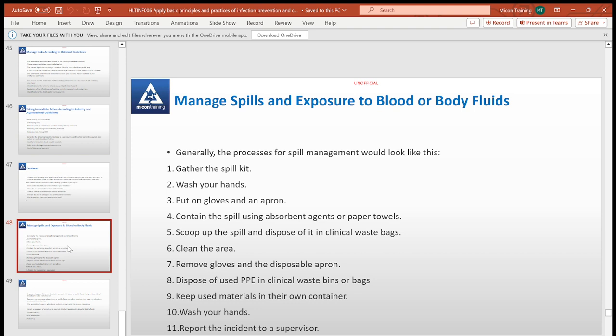Managing spills, exposure of blood and fluid. Yes, the general process for spill management would look like this.